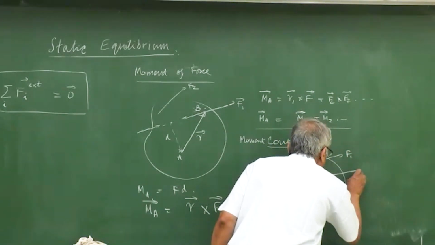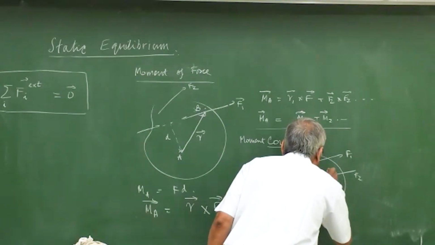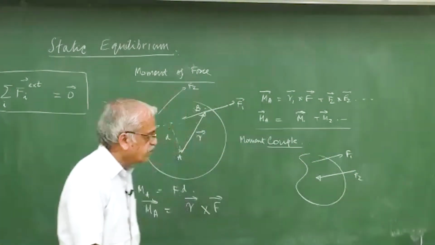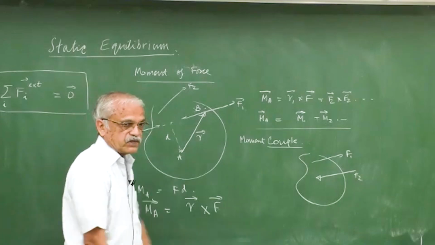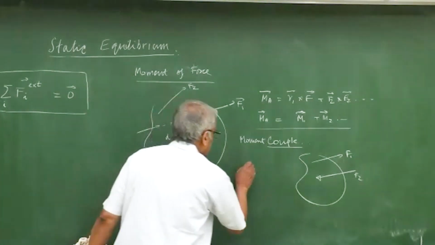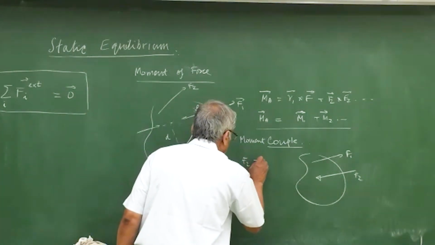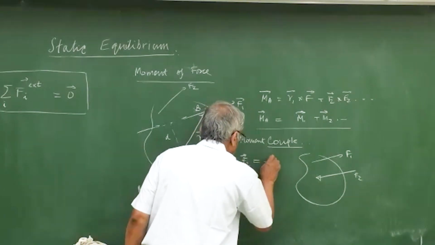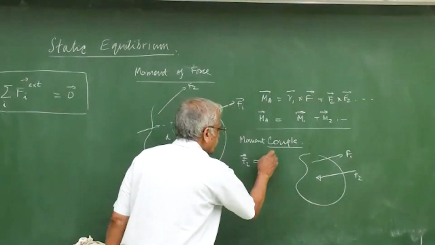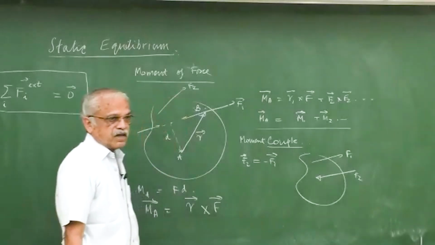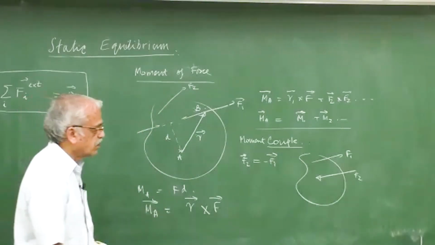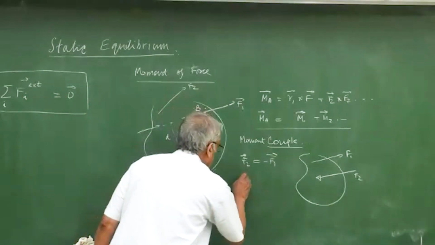If you have two forces F1 and F2, equal and opposite like this one, then it will constitute a couple.